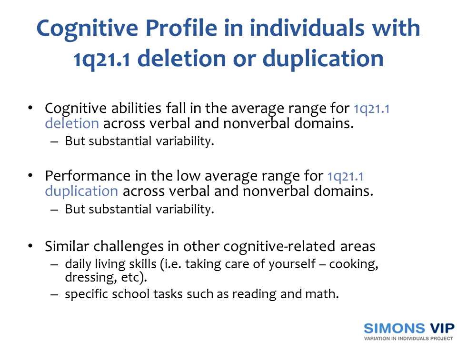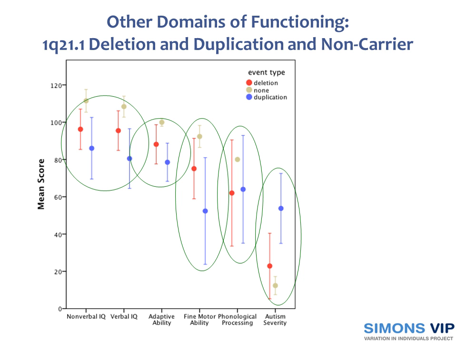So our next slide here shows a variety of different domains of functioning. And we've already chatted about nonverbal and verbal IQ, those cognitive abilities. Those are the groups in the first green circle here. So let me just talk about this figure for a second.